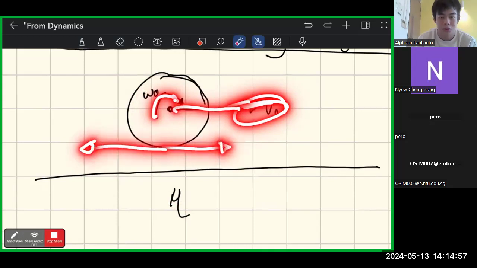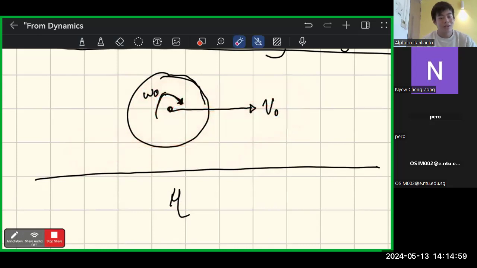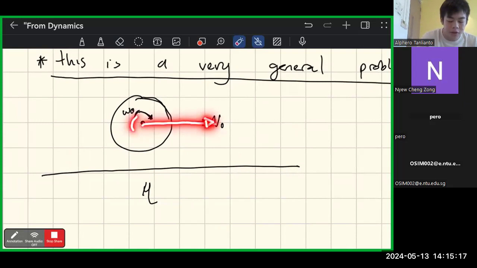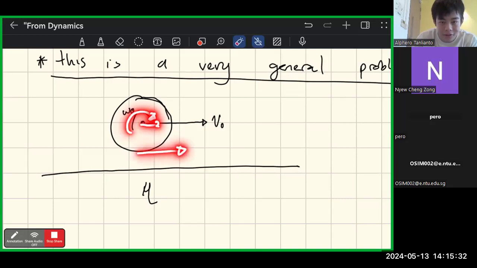So which one do you choose? You have to know which motion is dominant. If it's dominantly going to the right and the angular velocity is very small, then the friction is going to the left. But if the angular velocity is very big and the velocity is very small, then the friction will go to the right.